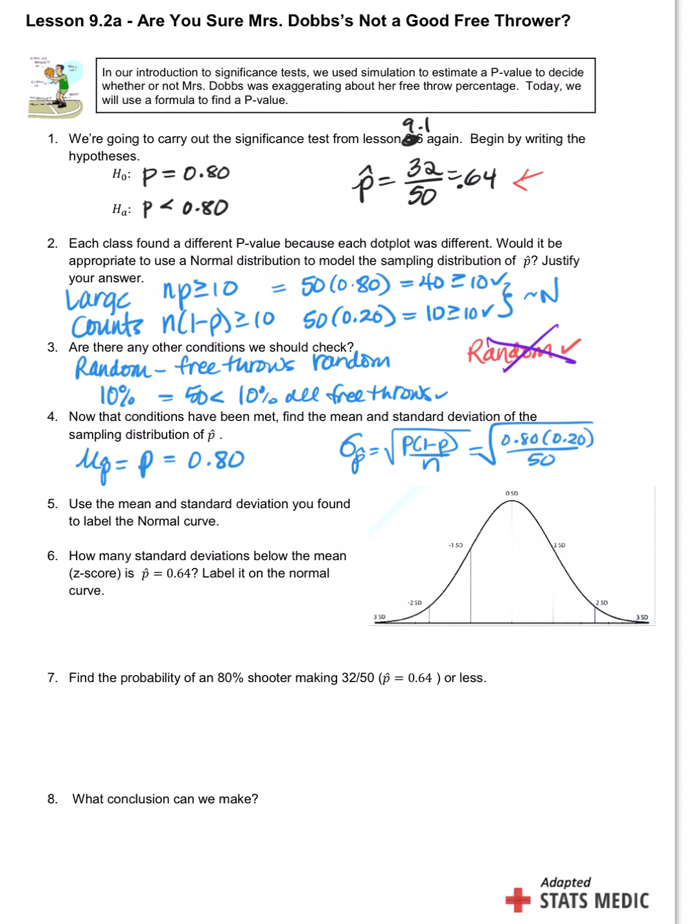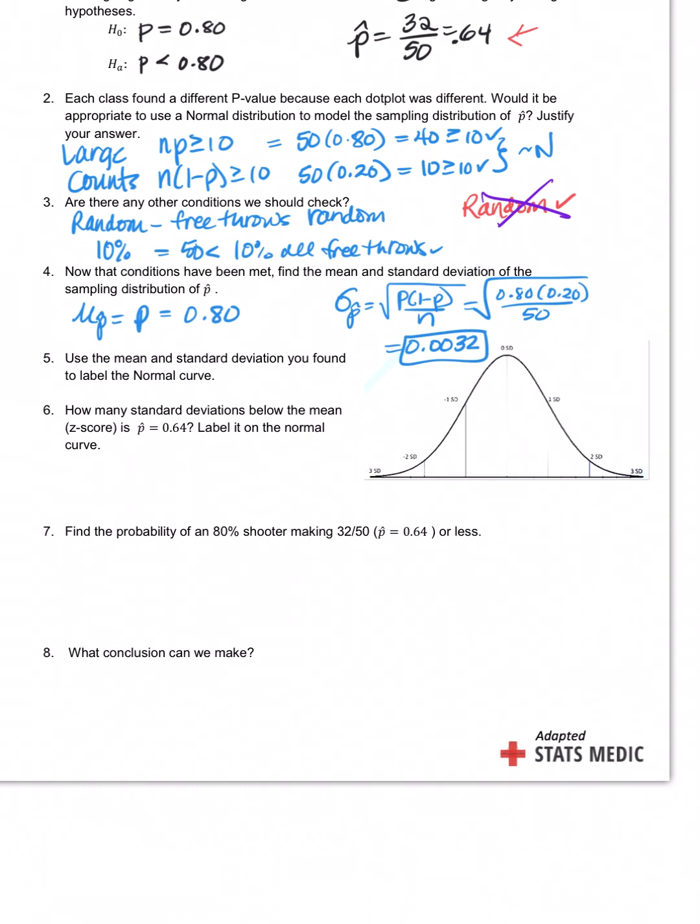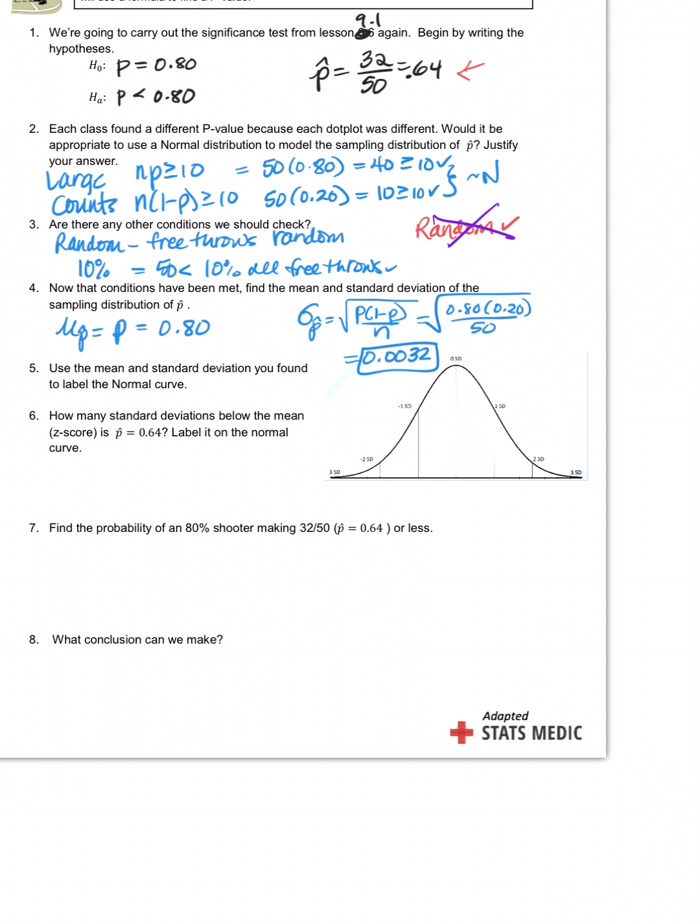Okay, this gives me 0.0032. There's my standard deviation. Okay. Now, we know the mean, so when we draw our normal curve, we know the center of it is going to be this 80%.